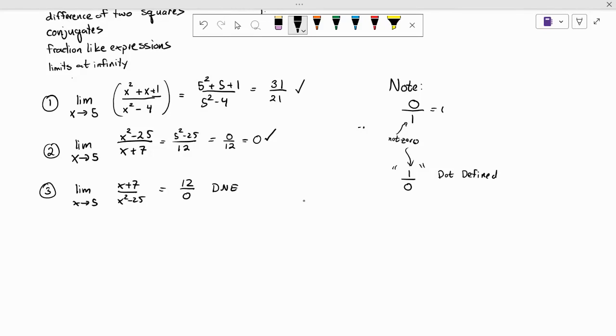And in the third part of problem number one, you get a non-zero number divided by zero, which is not allowed. So the point is to evaluate correctly and recognize whether you get a valid limit or if you're dividing by zero.